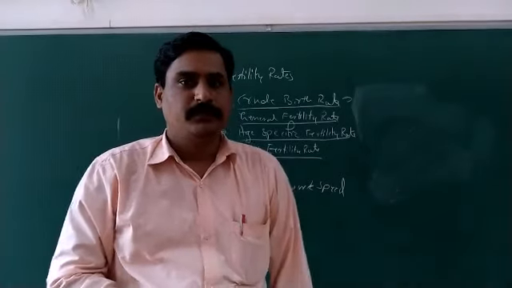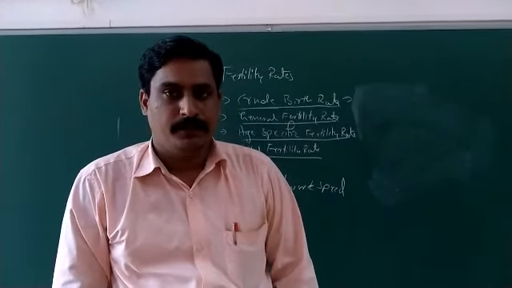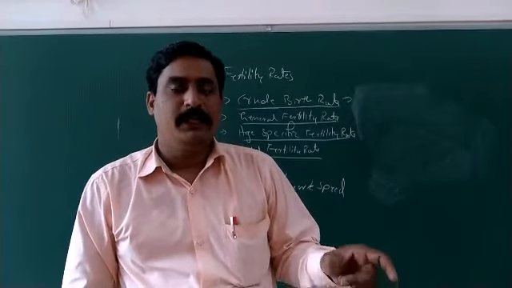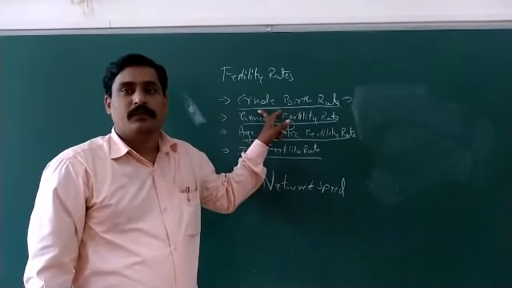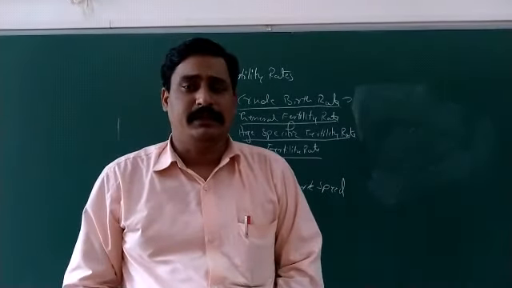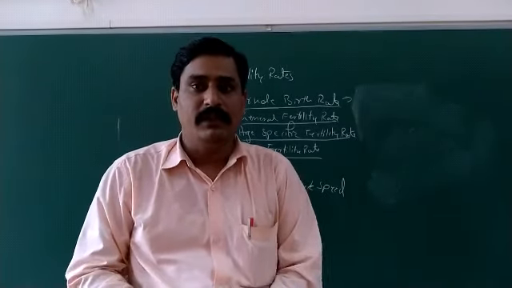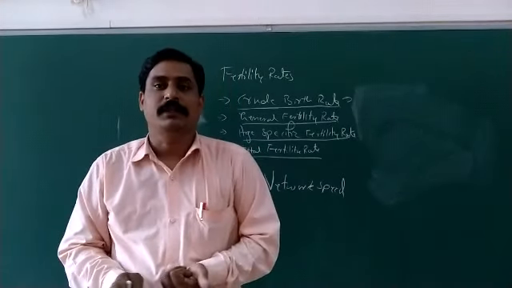So the first one, crude fertility rate or crude birth rate. The name itself indicates that here crude means kacha, so it doesn't separate or segregate. It's a mix up of everything, a mix up of both male and female population.